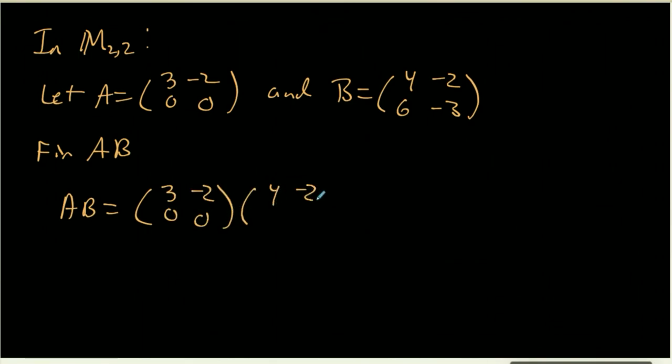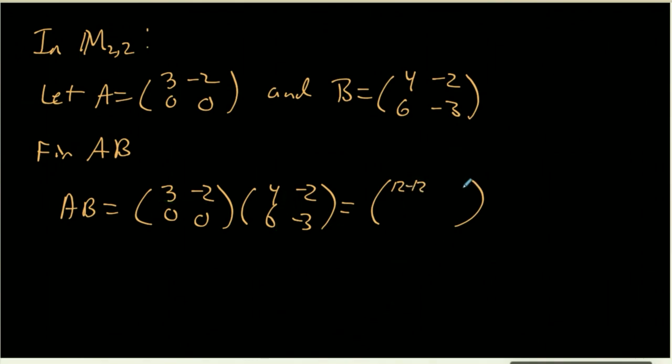So we write the two matrices down, and the answer, of course, is going to be a 2 by 2 matrix. The entry up here is going to be this row dotted with this column, and when we do that product, we are going to have 12 minus 12.